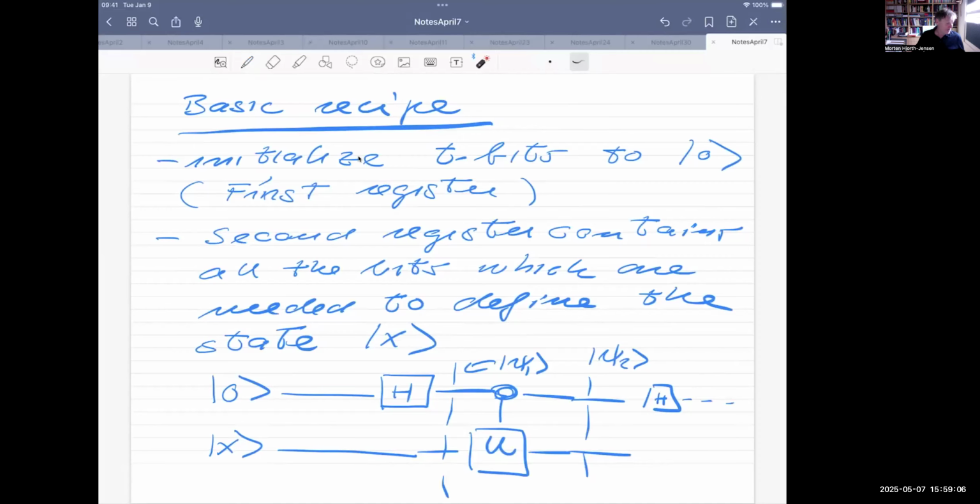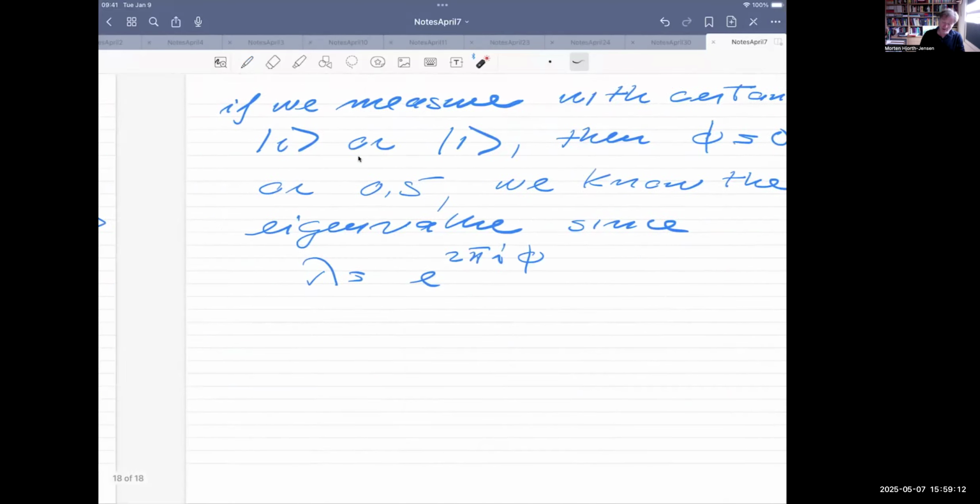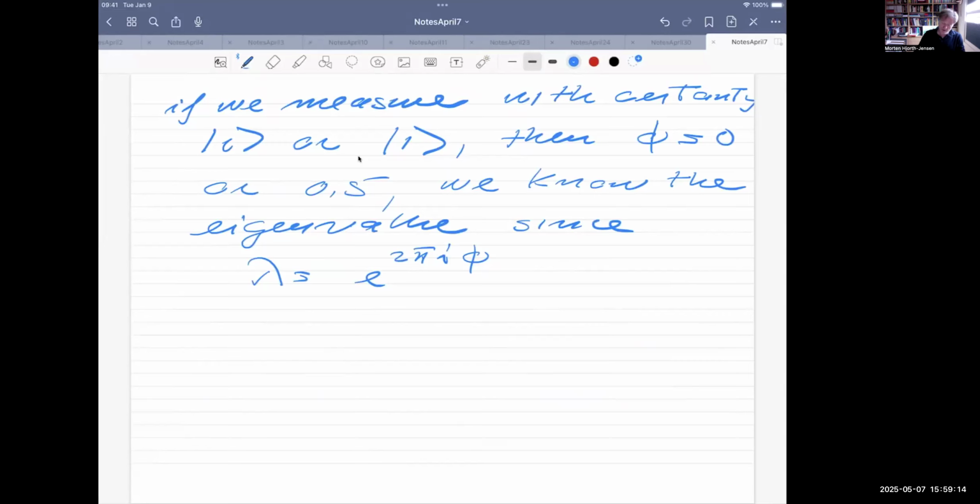Now we can become a little bit more ambitious, and instead of just having one qubit, we could have two qubits. N equal to 2. That means that the possible values would be phi 0 and phi 1.